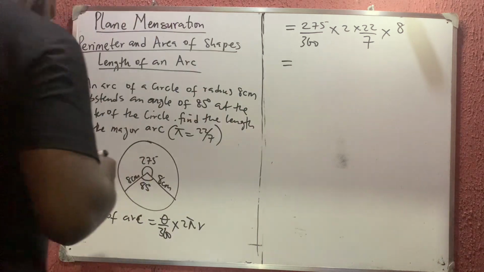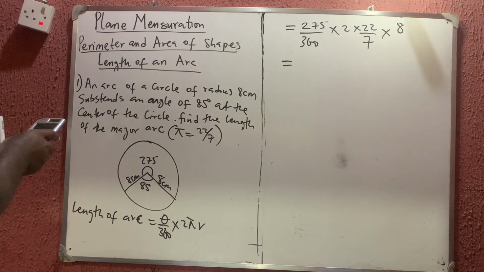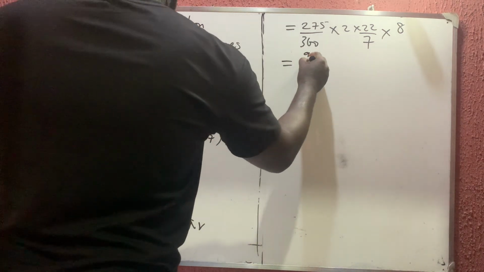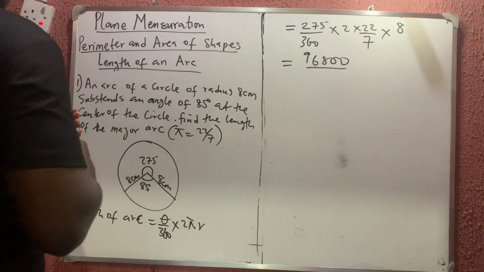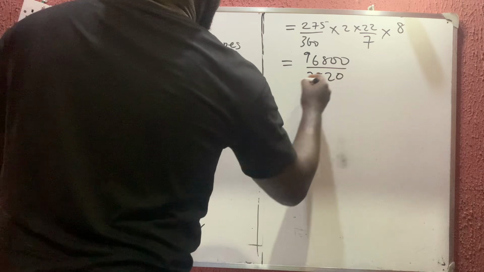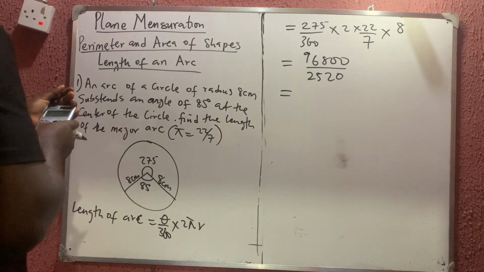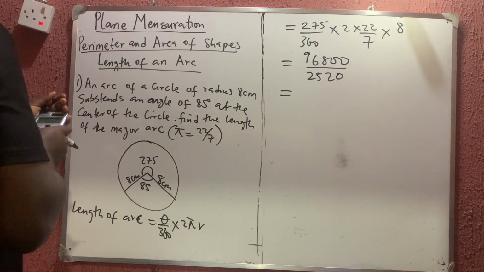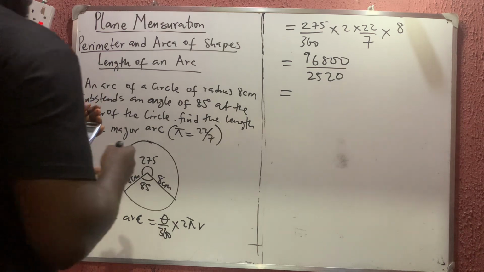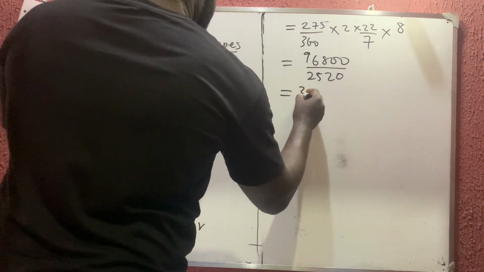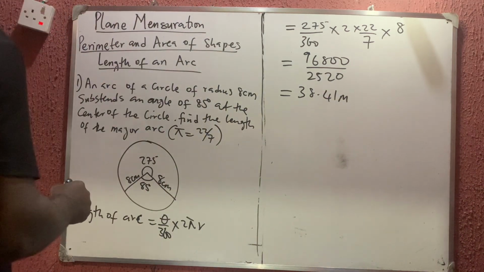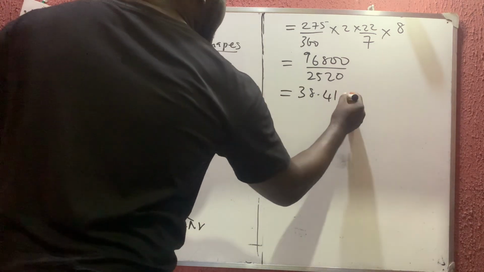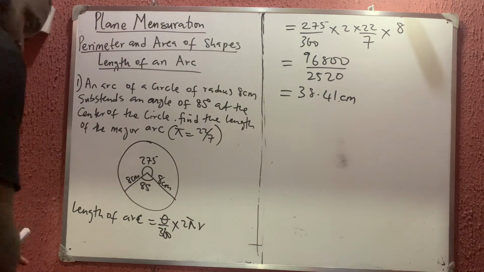The numerator gave us 96800, divided by 360 times 7, which is 2520. If we divide 96800 by this, I'm having approximately 38.41. This one is in cm, so it's going to be cm. So that is that, and very simple.